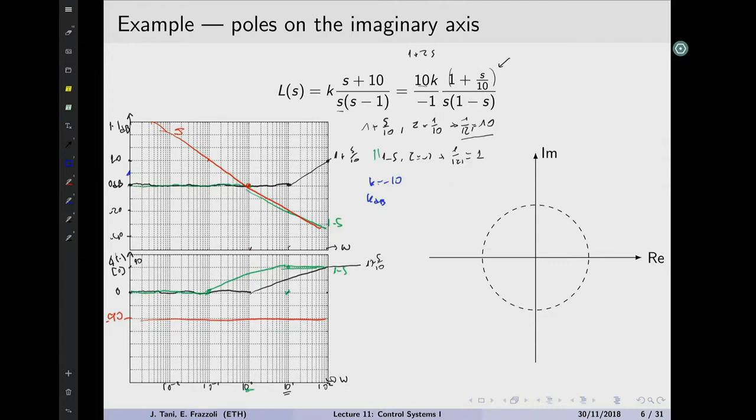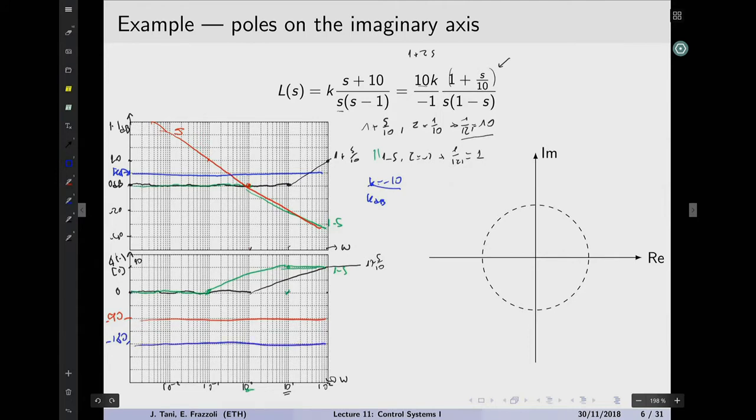It's actually, sorry, of only 10. So this k dB goes up here. It's going to be a contribution like this, equal at all frequencies. But the most important thing is that it's negative, which means this gives us a minus 180 degrees contribution to the phase at all frequencies.